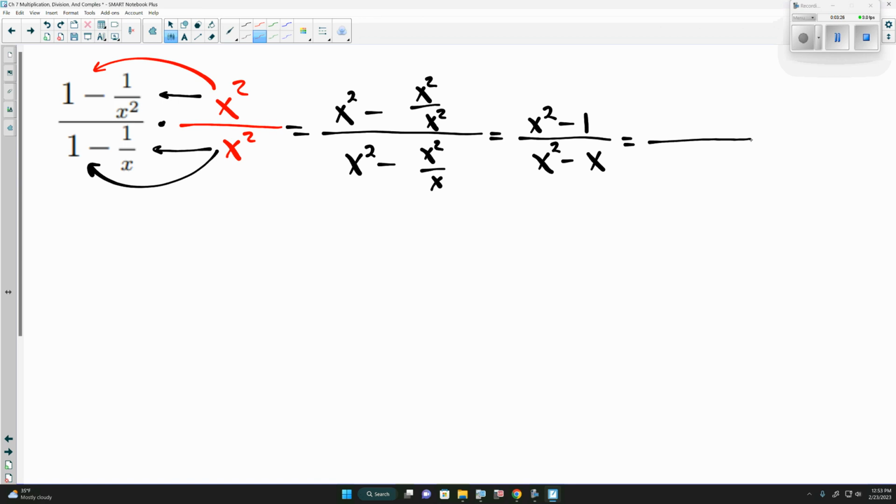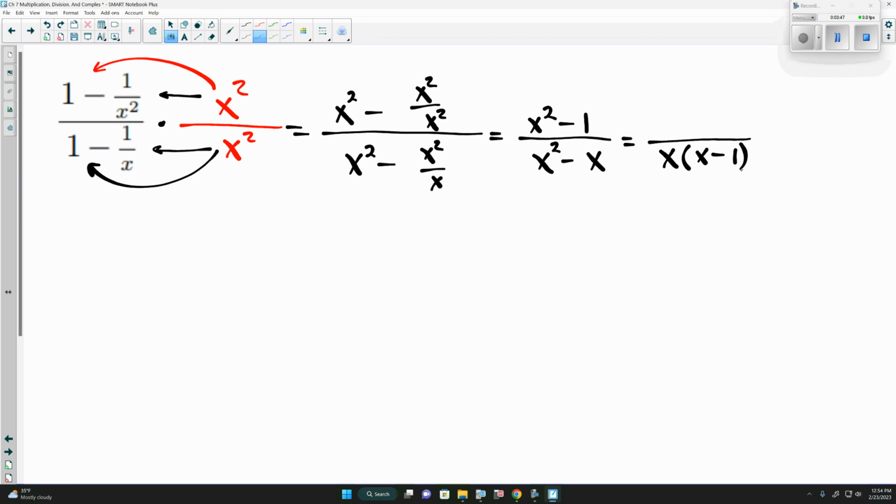The denominator, x squared and x, do they have a greatest common factor? So they both have an x, yes? So we can factor it out. If I factor an x out of x squared, we're left with x minus 1. So we have x times x minus 1.